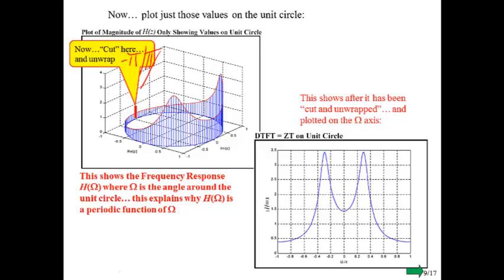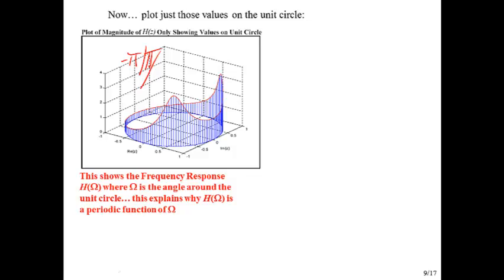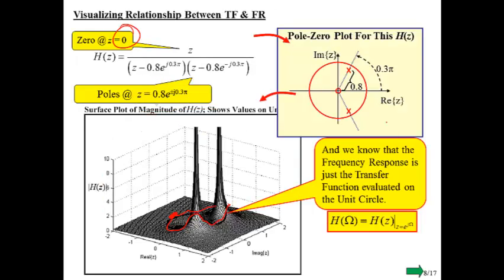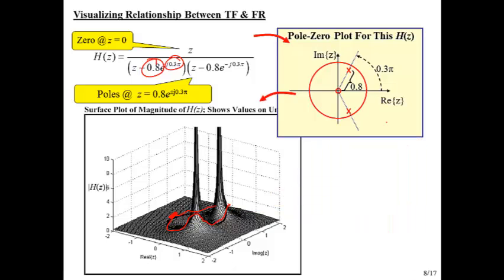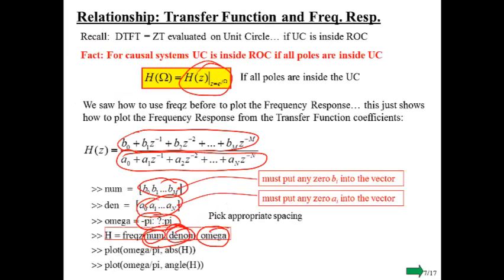Now the cool thing is you can experiment with this, right? You can go back to something like this, and you can by hand select these values, smash that back together into a polynomial, convert it back into z inverse form, and then use Freq Z to make a plot of your frequency response.